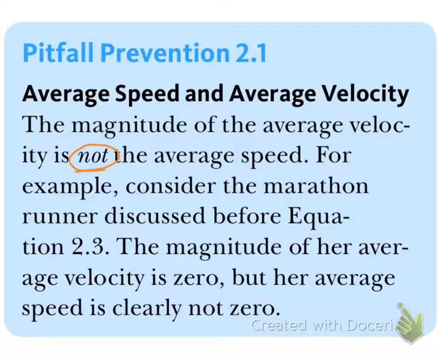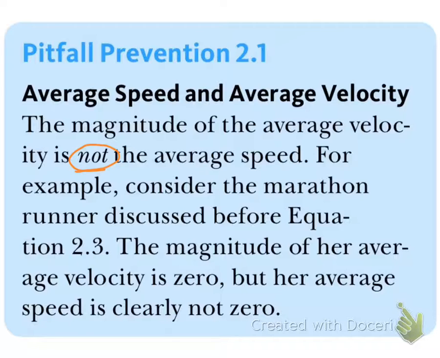For example, consider the marathon runner discussed before in equation 2.3. The magnitude of her average velocity is 0, but her average speed is clearly not 0. This is equation 2.3 in the book, but we can also see this in our example before.